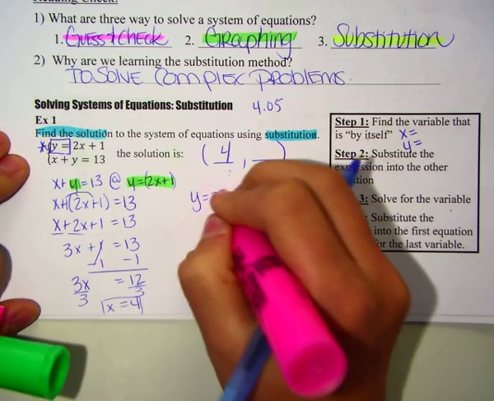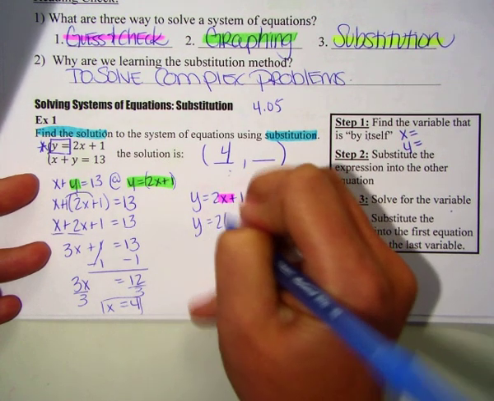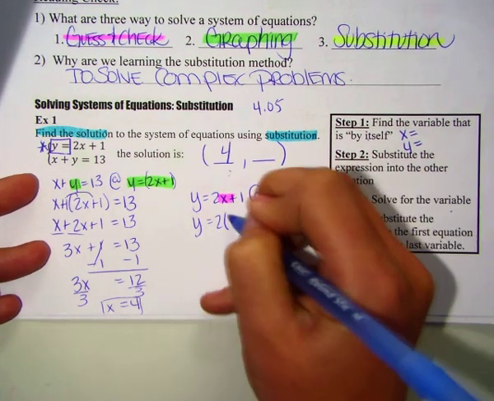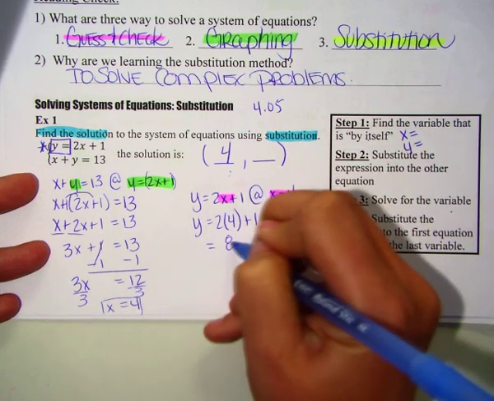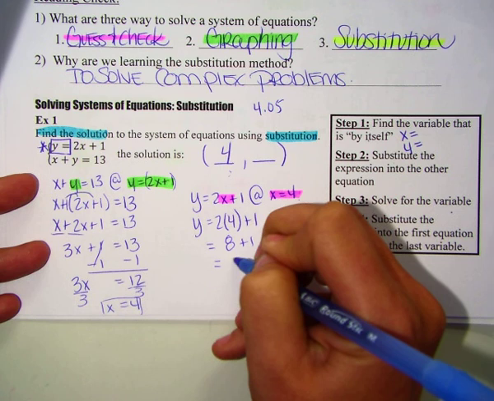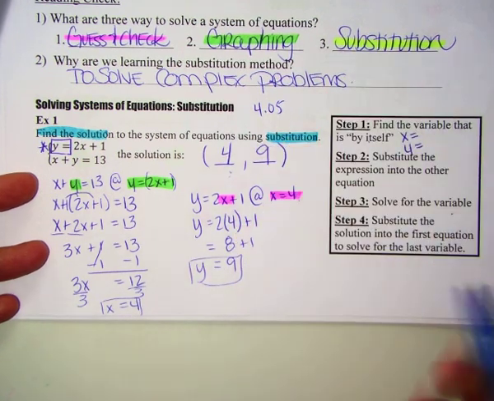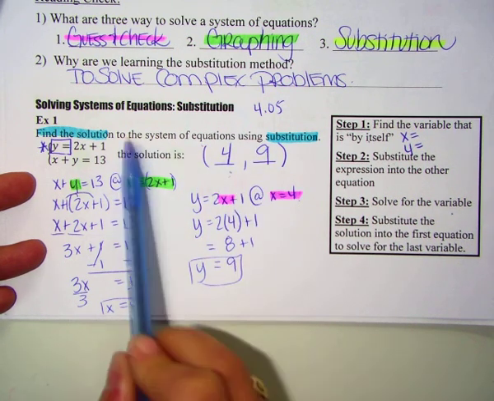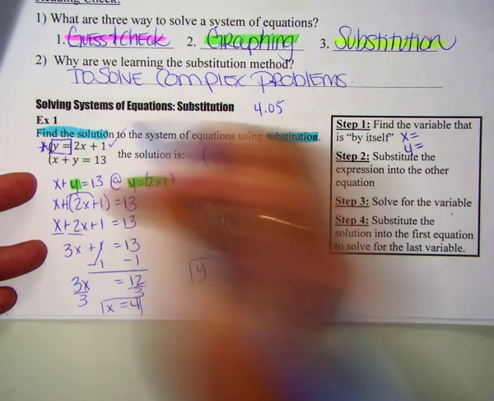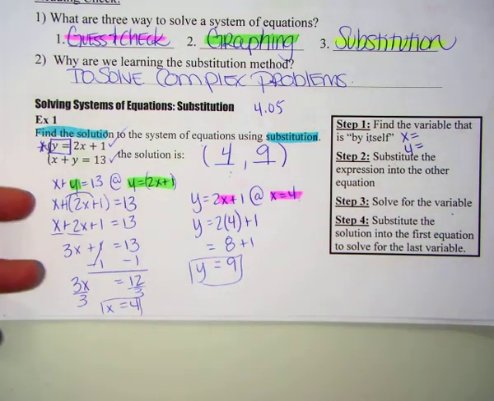Everywhere that I see an x, I'm going to substitute 4. y equals 2 parentheses 4 plus 1. 2 times 4 is 8. 8 plus 1 is 9. So the solution to my system is (4, 9). Meaning if I substitute (4, 9) into the first equation, it will make it true. Substitute (4, 9) into the second equation, it will also make that true.